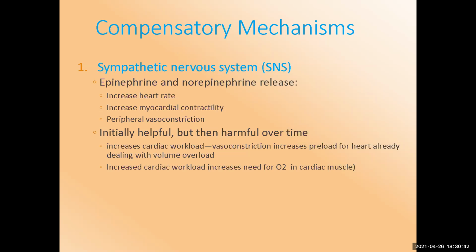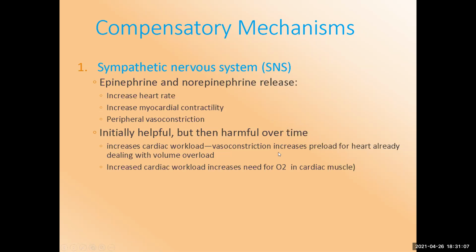So with the SNS, epinephrine and norepinephrine are released. So you get an increased heart rate, increased myocardial contraction. The heart is contracting faster, and your peripheral blood vessels are going to vasoconstrict. So initially, this does increase the cardiac workload.